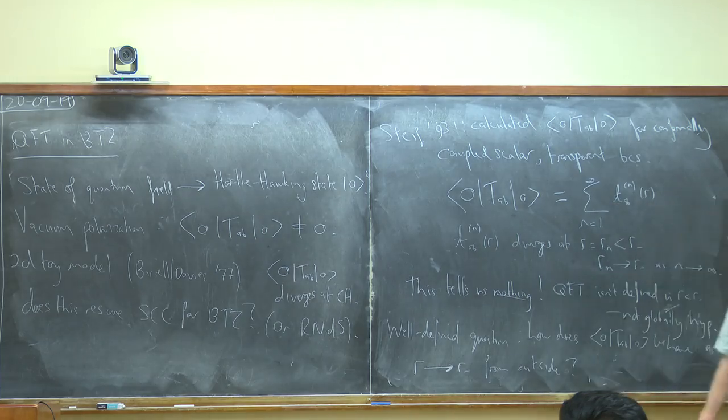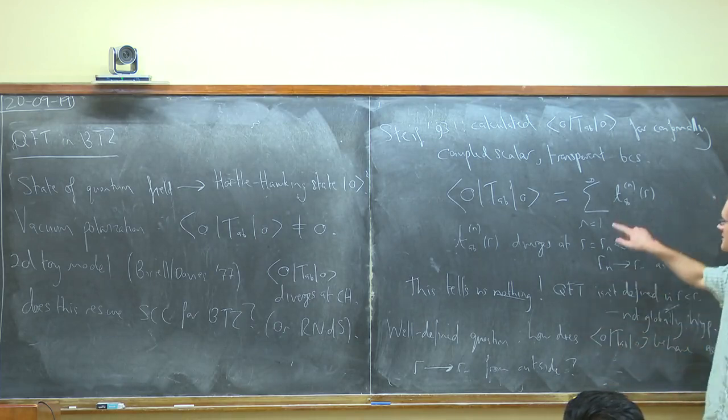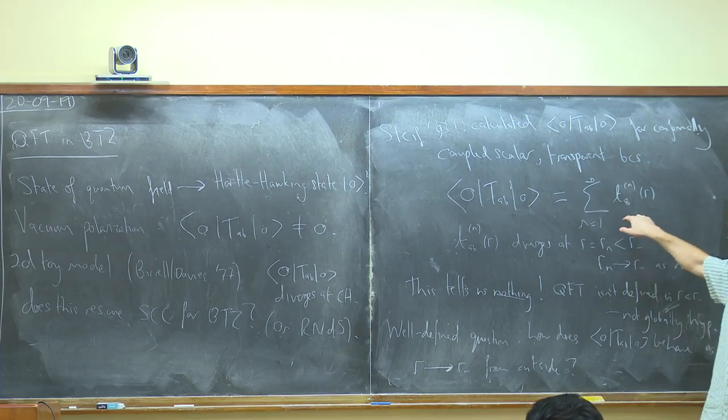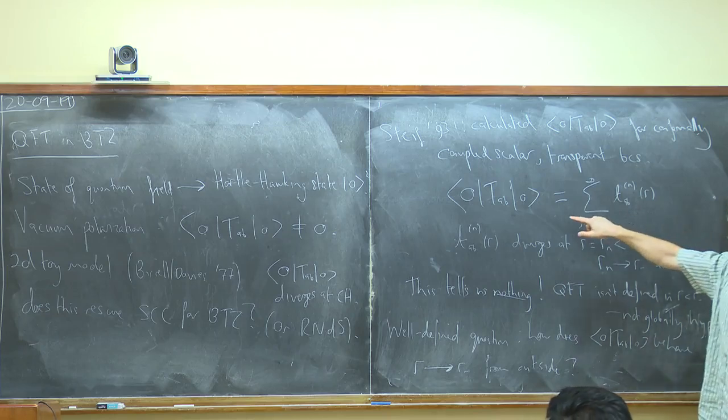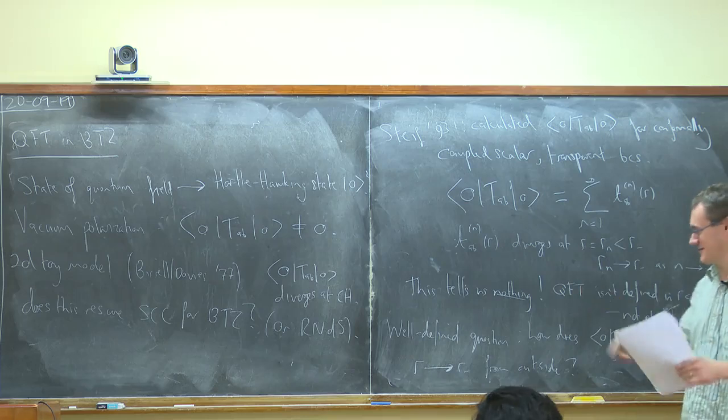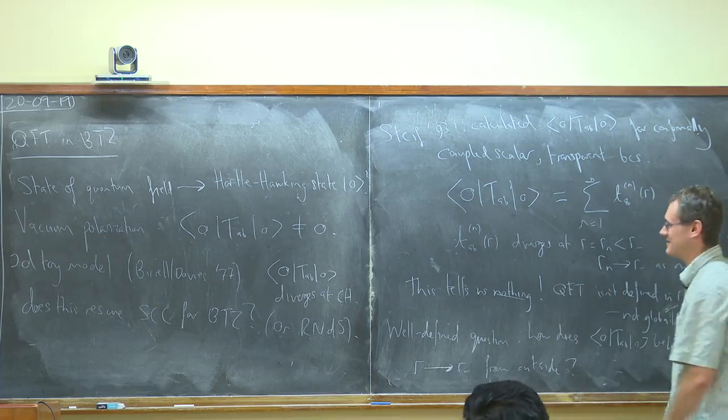Okay, and if you look at Steif's result, it actually looks like this is going to be finite near extremality. Steif actually has a little comment in parentheses in his paper where he says this is finite on the Cauchy horizon, but he doesn't explain it anywhere, and all he has is one sentence saying that. So it's a little bit odd.